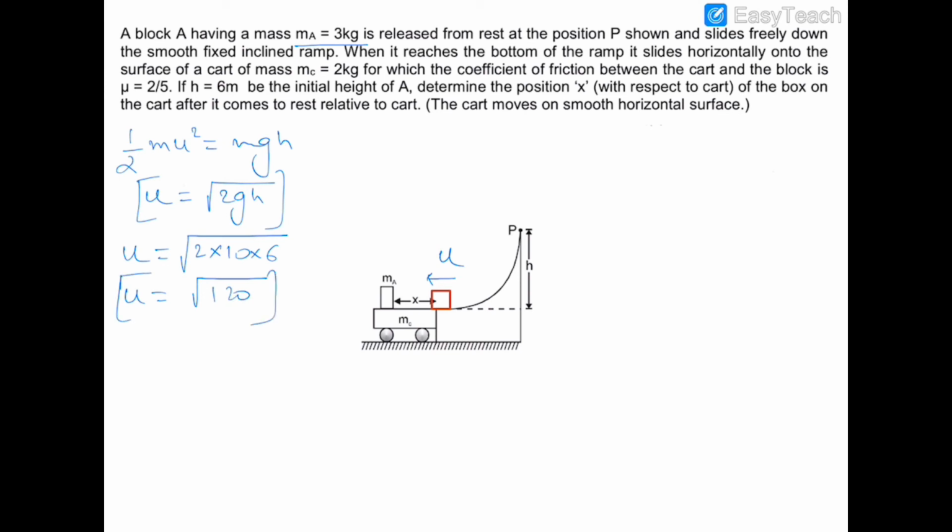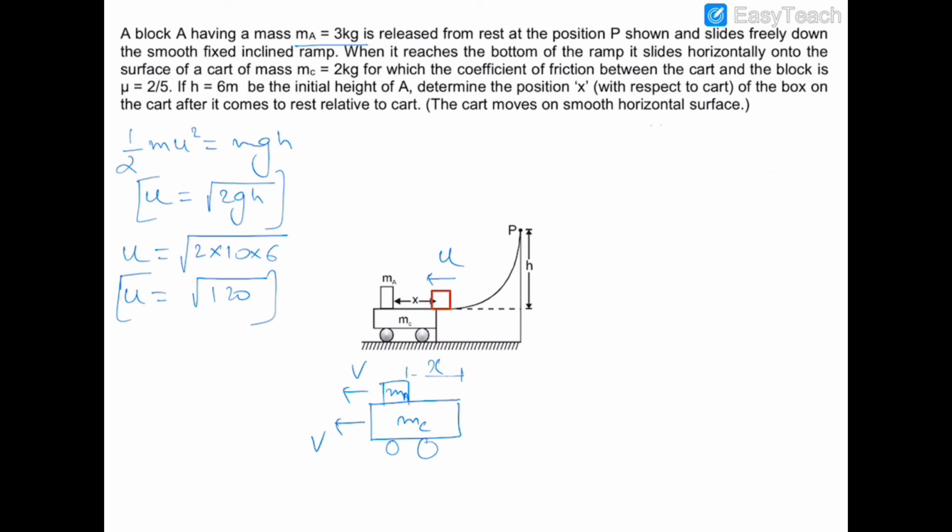Now when this block moves over the cart, for some time it will slide on the cart with greater velocity, but a time will come when this block and this cart will be moving with the same velocity v, and at this time the block will be at rest with respect to the cart, but they will be moving with a common velocity.